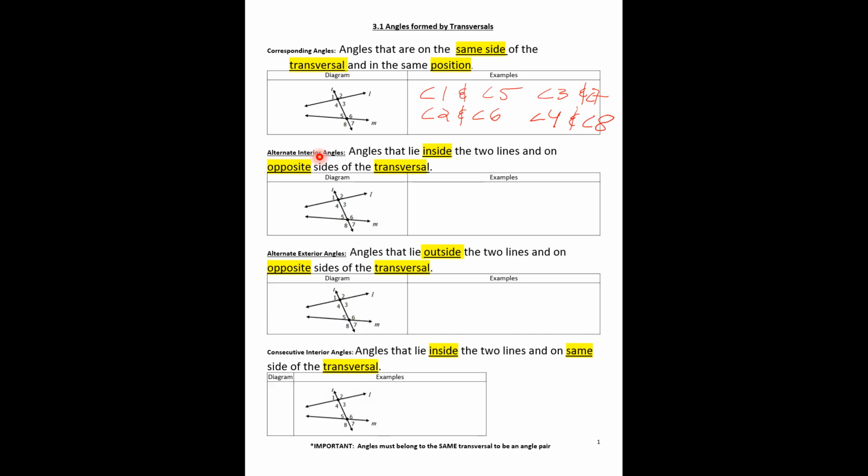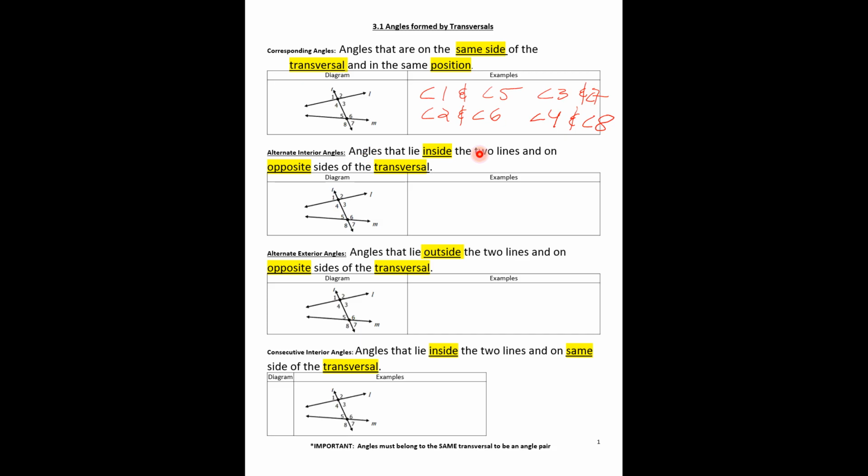So alternate interior angles are angles that lie inside the two lines and on opposite sides of the transversal. T is the transversal. Alternate is always going to mean opposite side of the transversal, and interior means inside of the lines L and M. Inside or in between these two lines is 4, 3, 5, and 6.